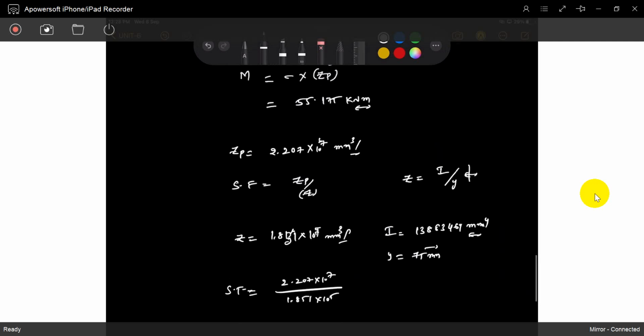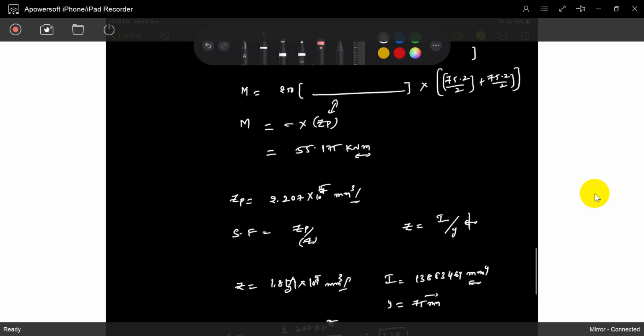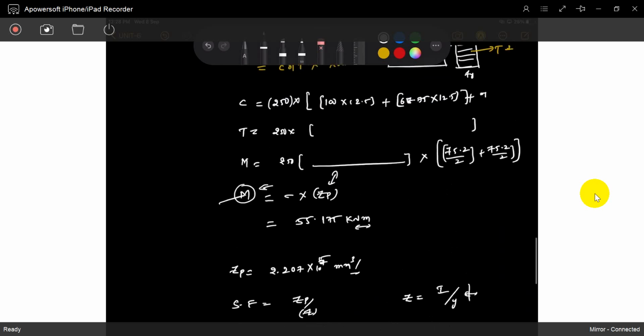It is not a 7, it is a 5. So what is that value? That value is 1.19. So that means 20% strength is beyond the yield point. That is the shape factor and the plastic moment capacity, everything.